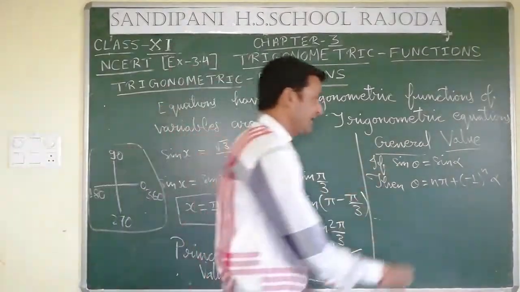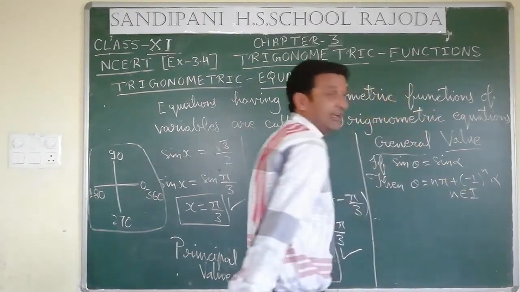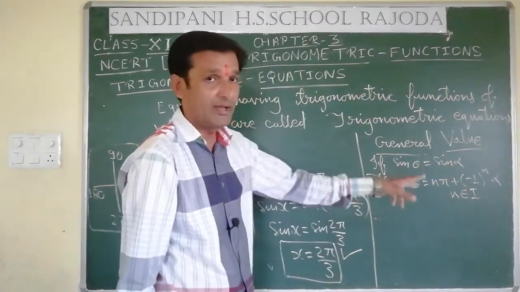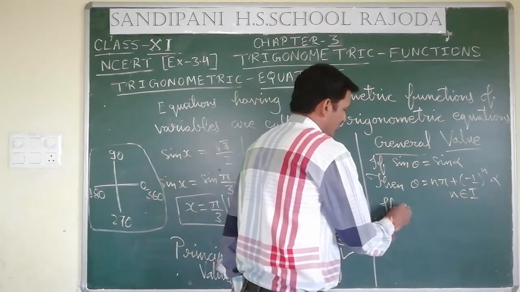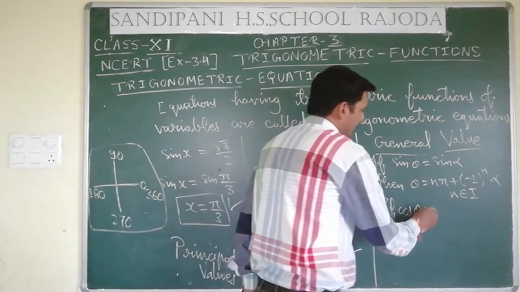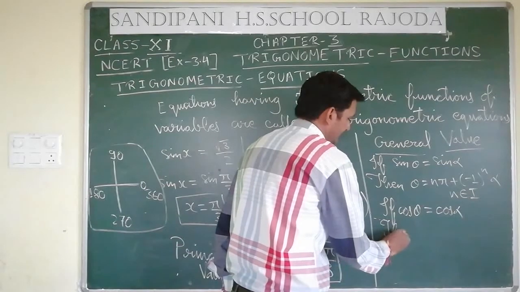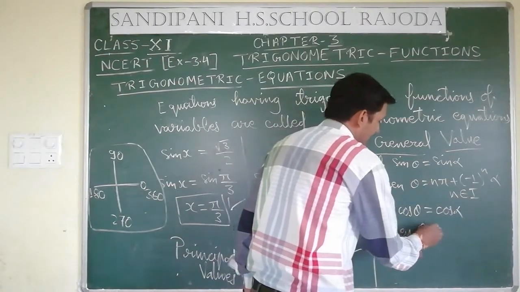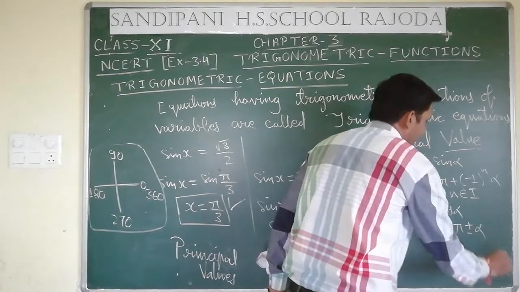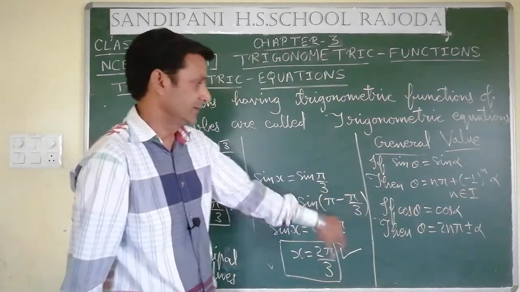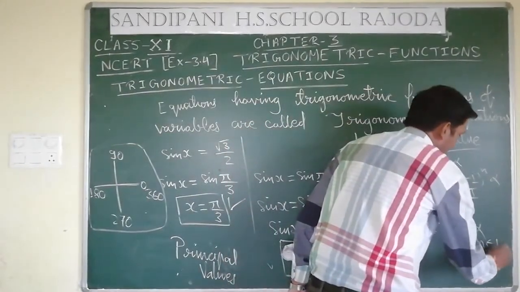But here n should always be mentioned as an integer. Now if cos theta is equal to cos alpha, then theta is equal to 2n pi plus minus alpha. Here also n is an integer.